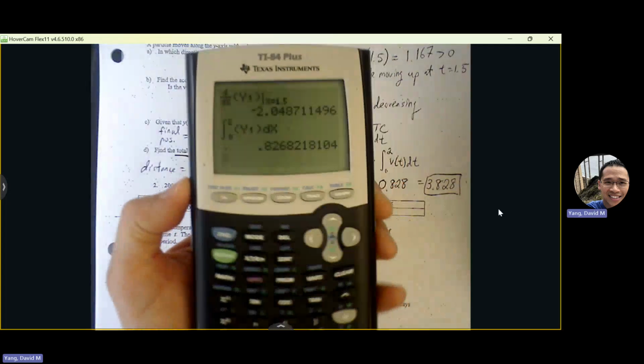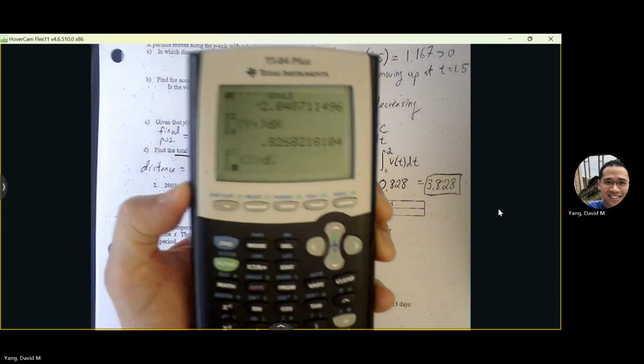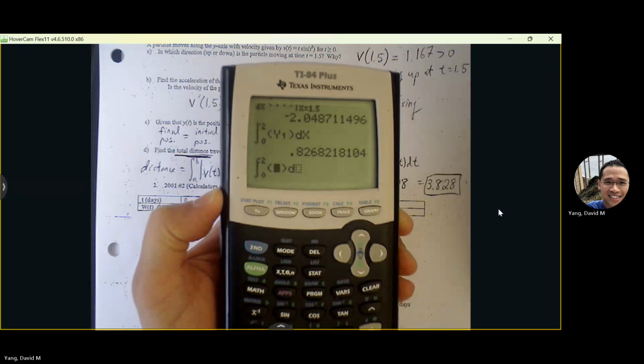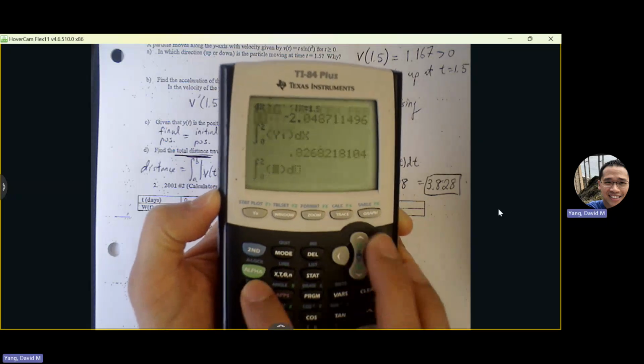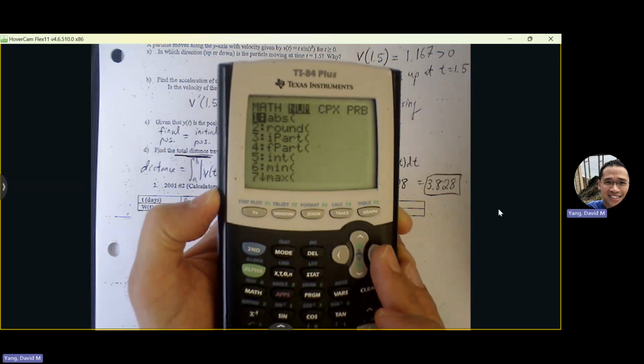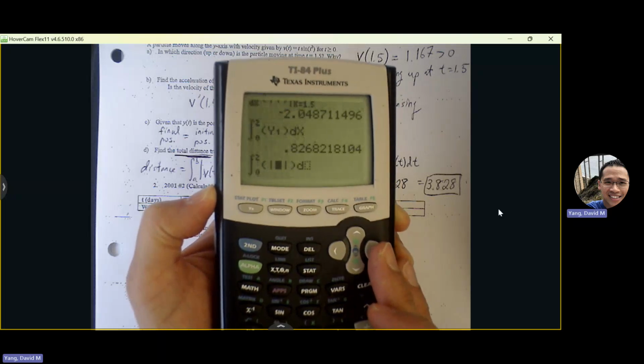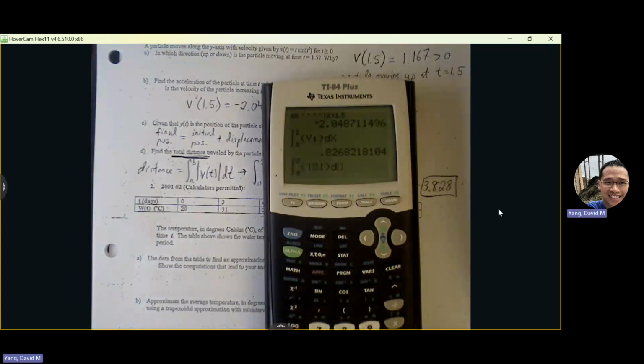So again, go to Math 9. Go from 0 to 2. And then if you do math number ABS, you're going to see that absolute value bar.